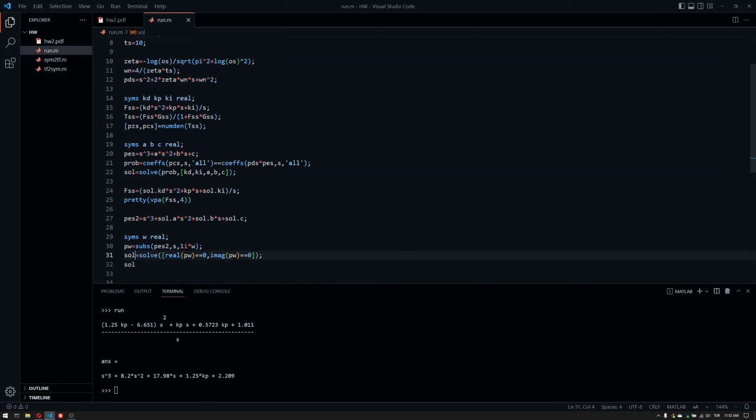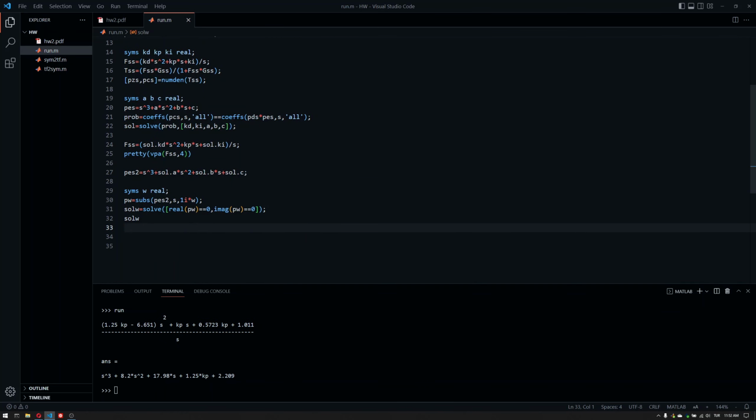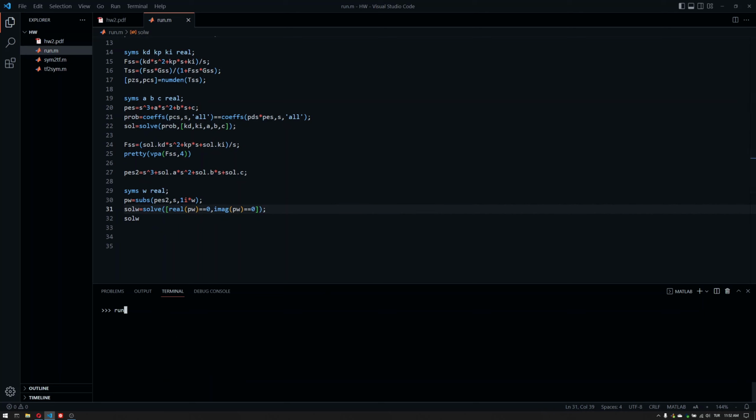Of course, if I use sol, let's call it sol w here to distinguish it. I don't want to lose this solution here. So as usual, we have three values here. Sol.kp, if we convert it into double, it is called sol w.kp.